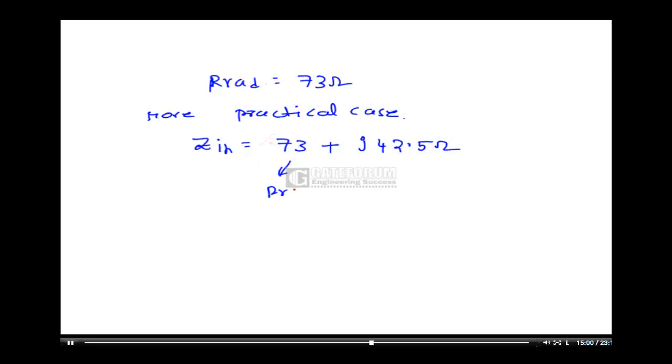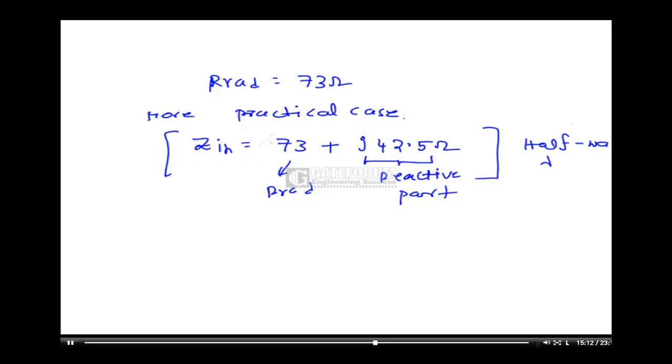Here 73 is the radiation resistance, and this is the reactive part. Some reactive part also we will get. So keep this in mind, it may be helpful if they ask directly what is the reactive part of your dipole.